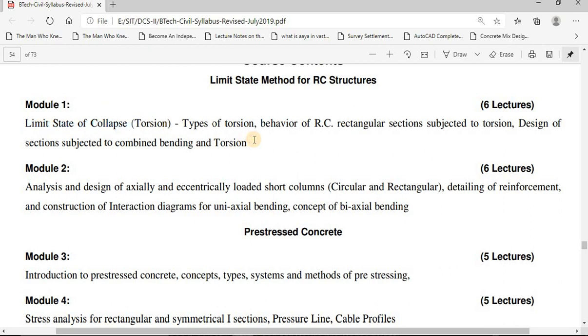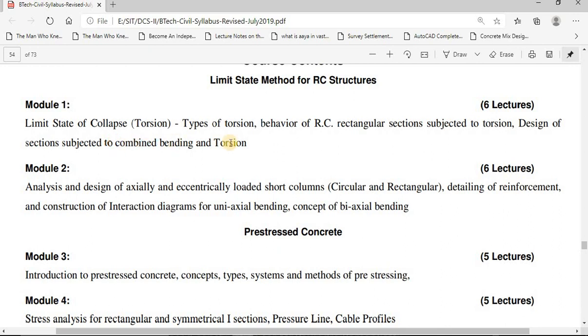Further you can see in module number 1 a very interesting thing which we are going to study is design when the combined bending and torsion is subjected for a RC rectangular section. How we are going to design combiningly, we are going to study.